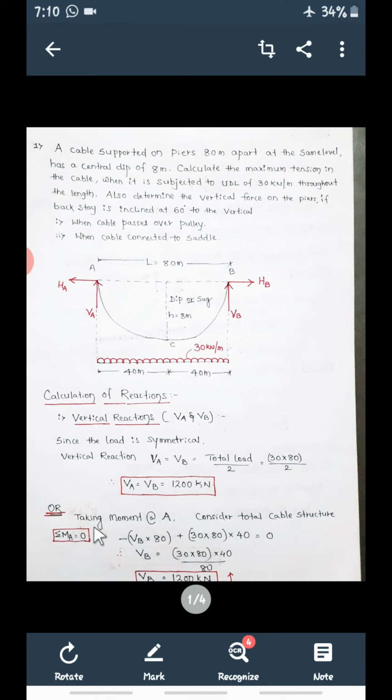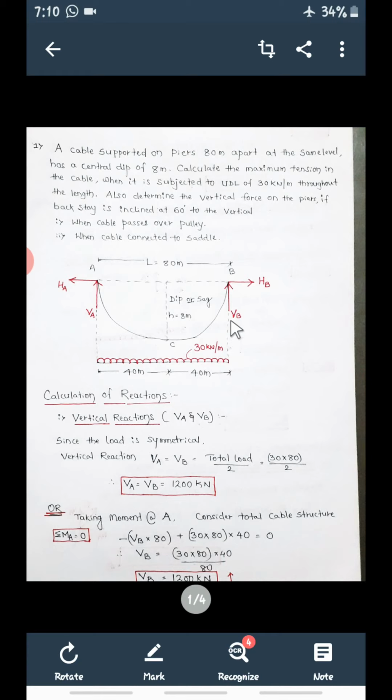Okay, now let us take moment about A. Taking moment of all the forces about A, consider complete cable. Now see, when I take moment about A, the moment of this is 0, the moment of this is 0, and moment of this HB will be 0. Okay, now we have to consider moment of VB and moment of this UDL. Summation MA is equal to 0.